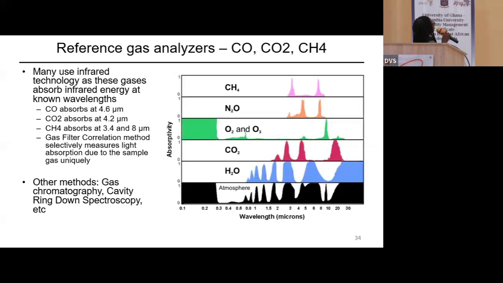So this is also showing those different pollutants and at what wavelength they absorb. Like I just talked about the ozone absorbing the light, the different pollutants absorb at different wavelengths.